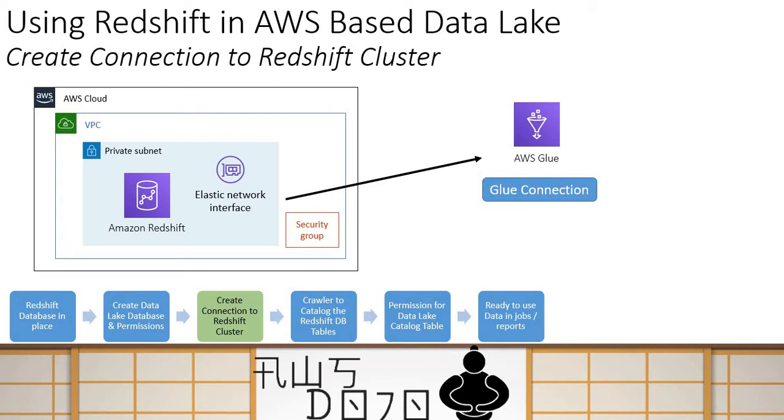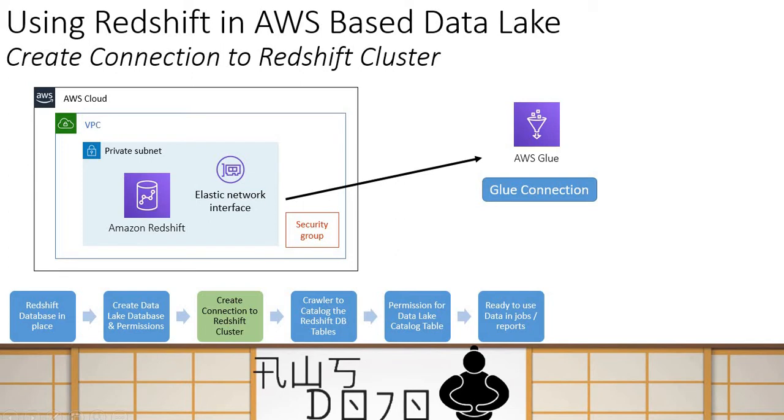It provides a mechanism to authenticate and connect with your Redshift cluster. It stores the authentication information. It uses the security group and ENI to find a network path, a network connection, to your Redshift cluster.